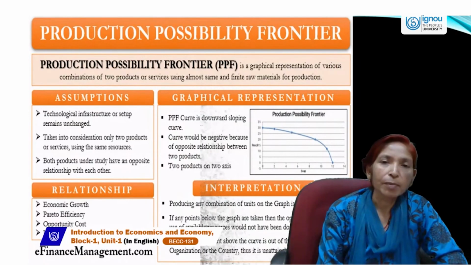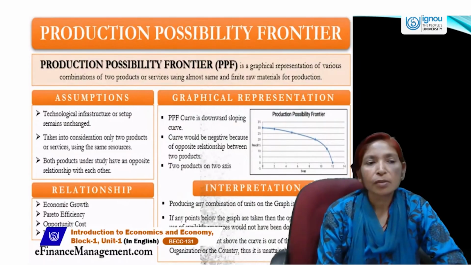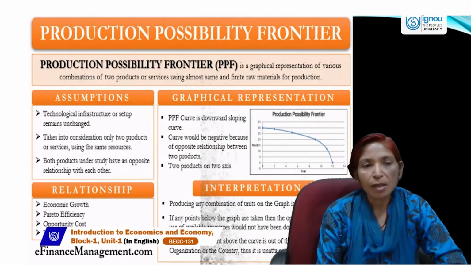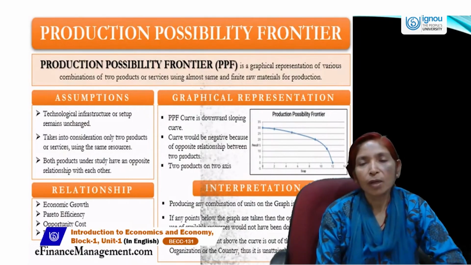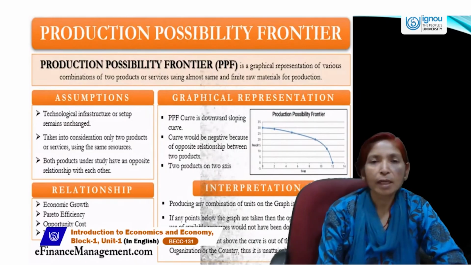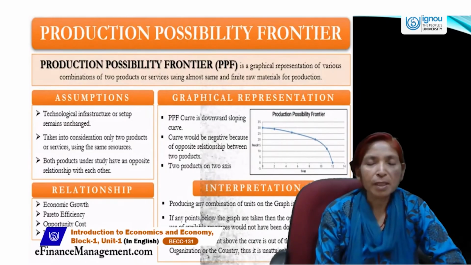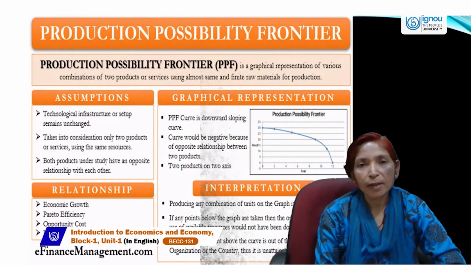What are the assumptions of PPC? There are three assumptions. One is that technological infrastructure or setup remains unchanged. Second, here we are taking only the different combinations of two goods, not more than two goods. So PPC explains the different combinations of two commodities, not more than that.